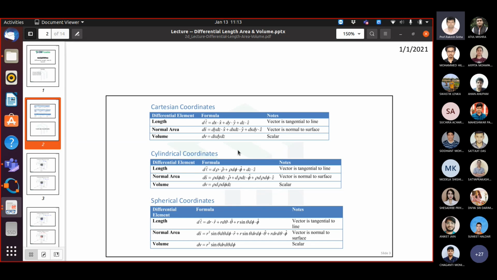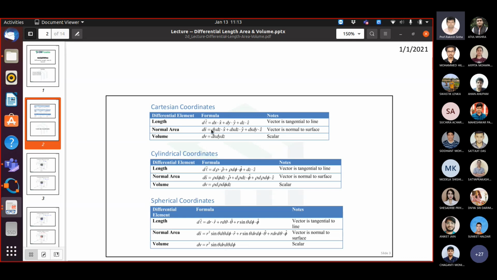Now in the last class I tried to start the discussion, but I was not able to complete that one. You can see that differential length can be represented as dx in the x direction plus dy in the y direction plus dz in the z direction. These are the unit vectors in the x, y, and z directions.